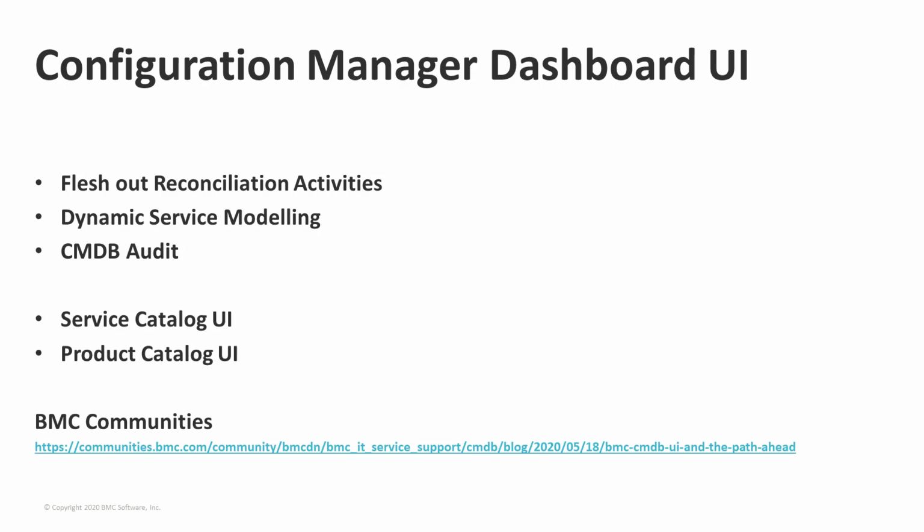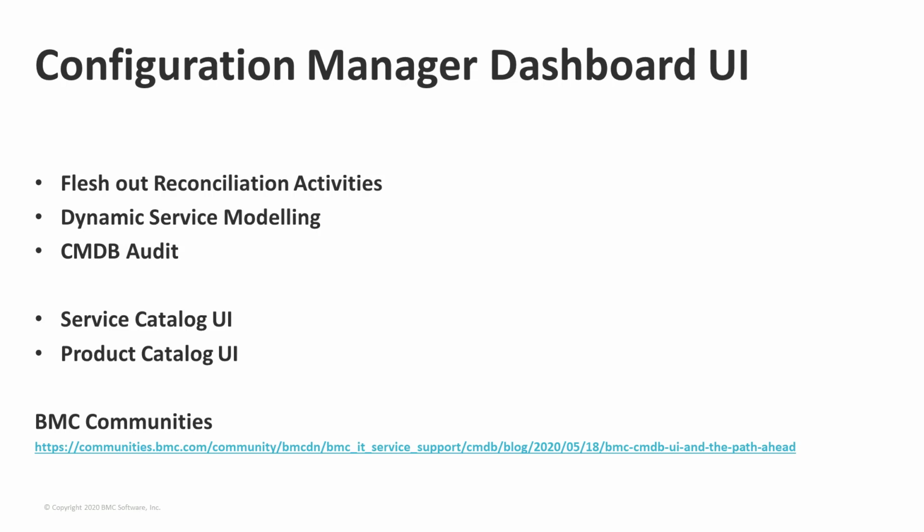On this journey, we have a few more UI components to cover, which are coming in the August release. This includes the missing activities of Reconciliation Engine functionality. So far in our Reconciliation Engine, we had identification, merge, and purge activities covered. So you will see more activities which are similar to what we had in Flex Console. We also have dynamic service modeling functionality coming to our new UI, replacing the CMDB audit UI to be much more aligned with the new framework, and federation capabilities.